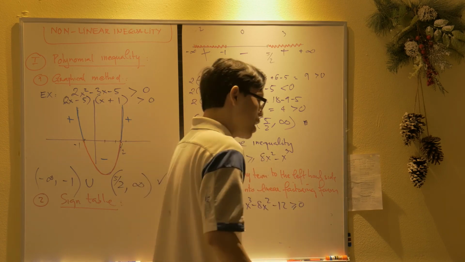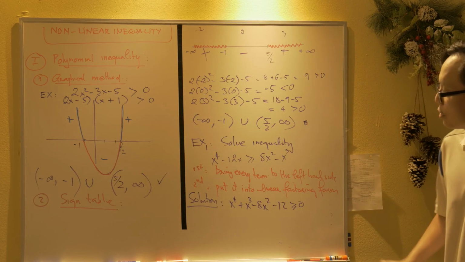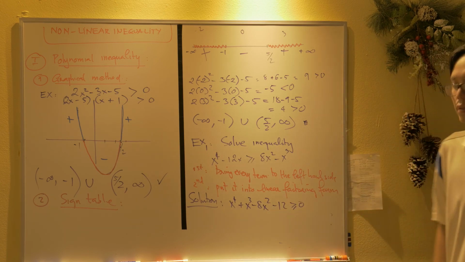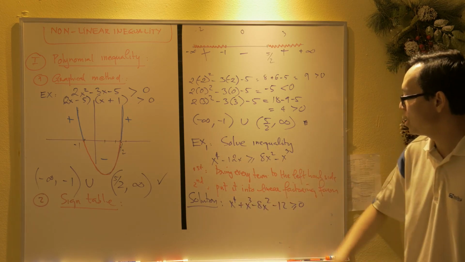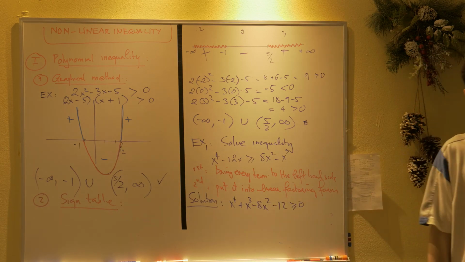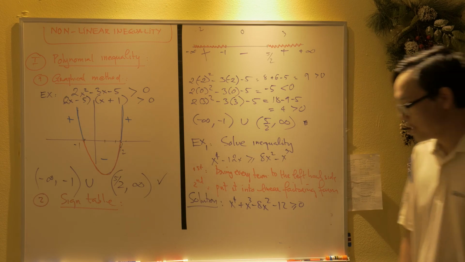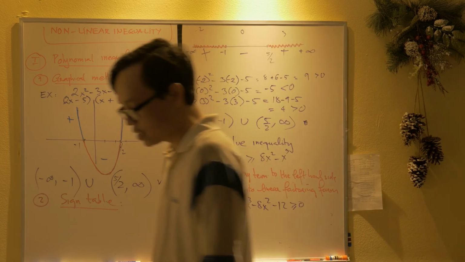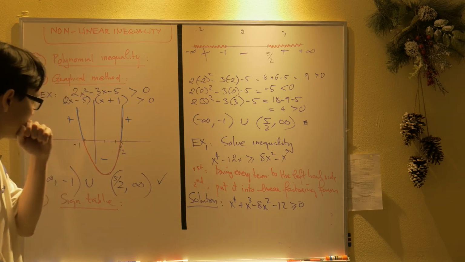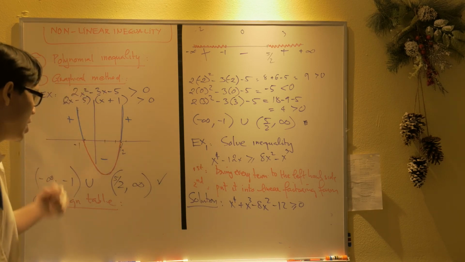I'm not only bringing everything to the left hand side, but I also reorder them. I start from 4th degree, then 3rd degree, 2nd degree, and finally 0 degree, just a number. The second step, after I move everything to the left hand side, is to factor them out. So how am I going to factor this?